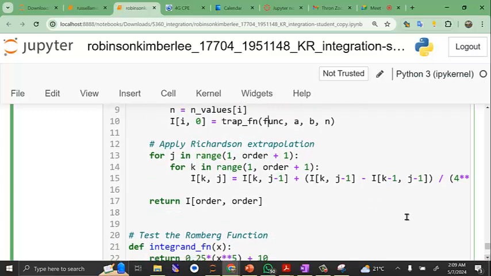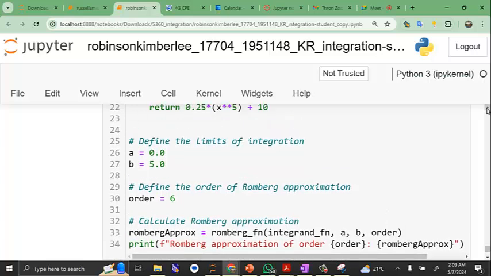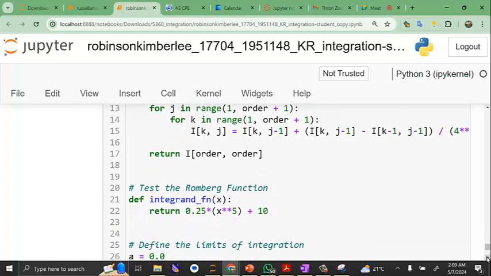All right, and let's see if it runs. Whoops, that's kind of weird. That's certainly not the right answer. So I would have to debug this. Well, let's see what the function is. Oh, this is the wrong function.